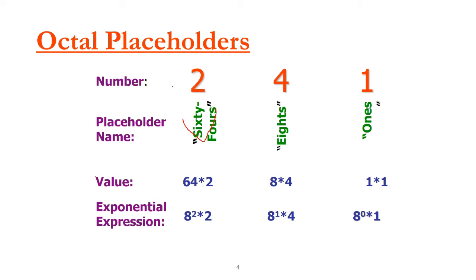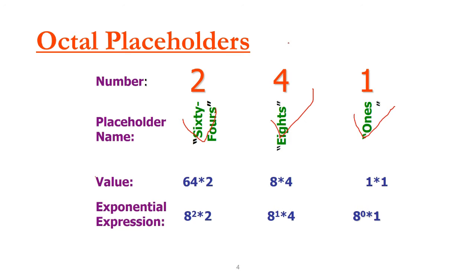This 64, 8s and 1s, are they similar to something else? Have we seen this before? Yes, of course. We saw a similar kind of problem when we were solving the binary number problem.